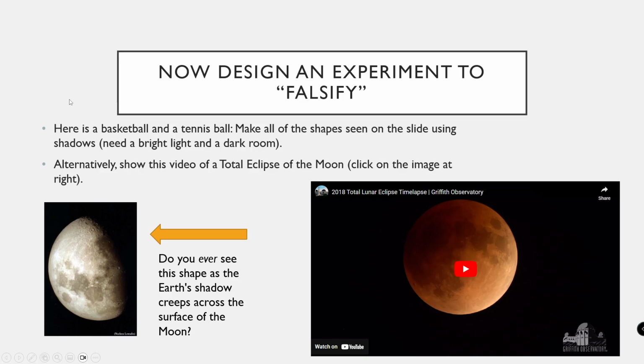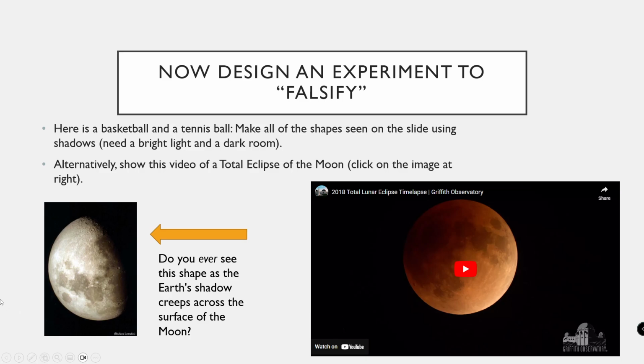Now, you can actually do an experiment here where you can use a basketball and a tennis ball and try to make all of the shapes that we would observe with the phases of the moon. People will try to create the phases of the moon by essentially blocking out and creating shadows like an eclipse.